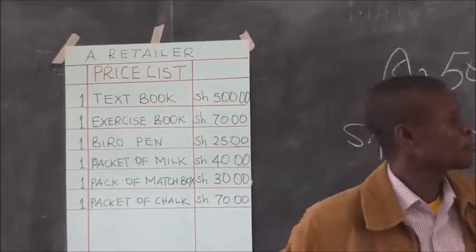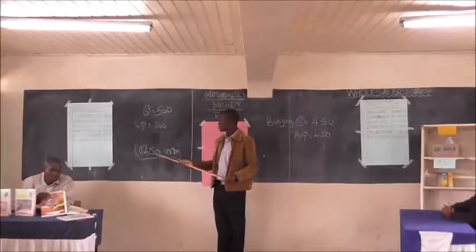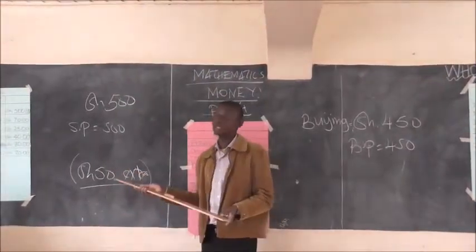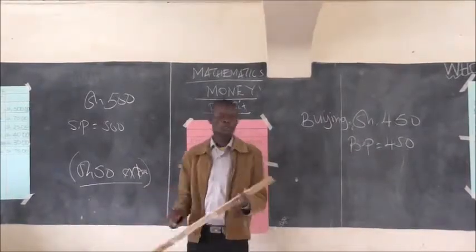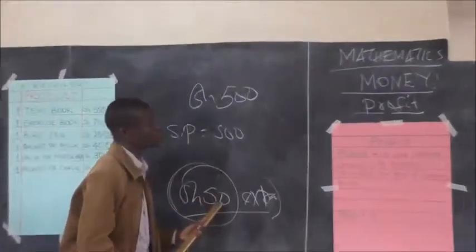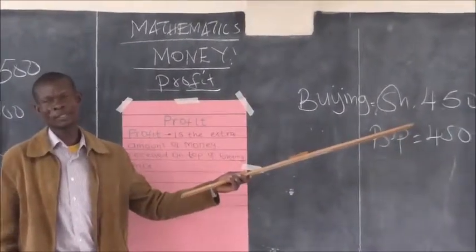Now when you compare the amount of money he paid when he was buying and the amount of money I paid when I was buying again from him, the difference was 50 shillings. So as we said, this 50 shillings was the extra amount of money on top of the buying price that was 450 shillings.